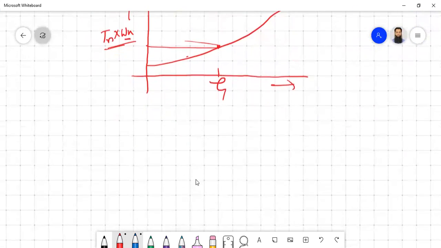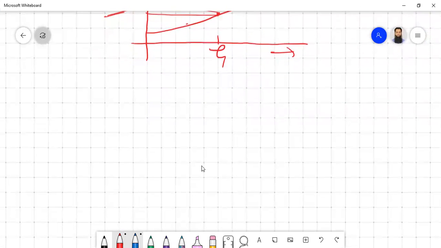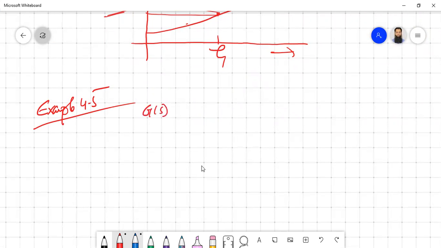Now let us take one example, example 4.5. In example 4.5, a transfer function is given: G of s equals 100 divided by s squared plus 15s plus 100.